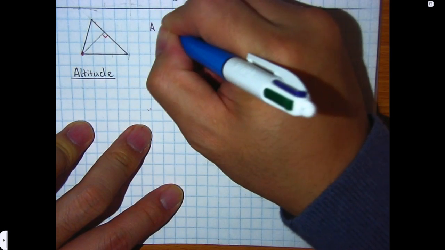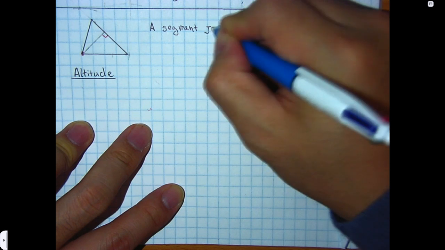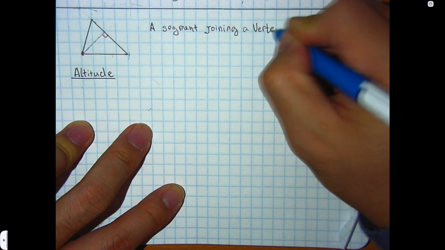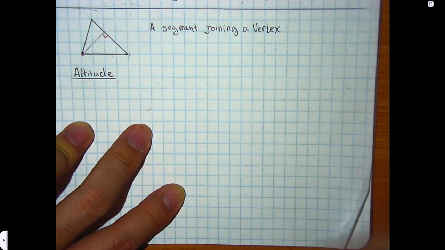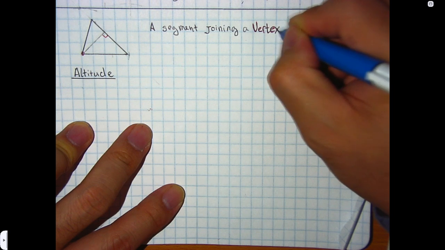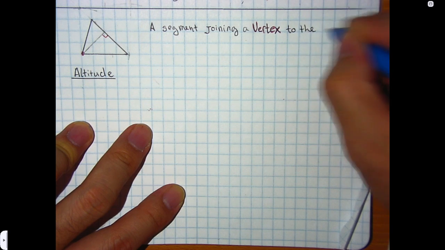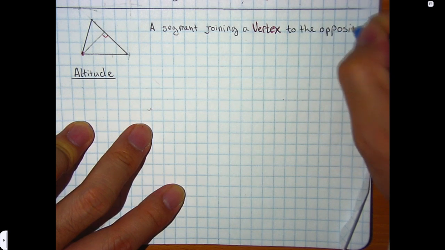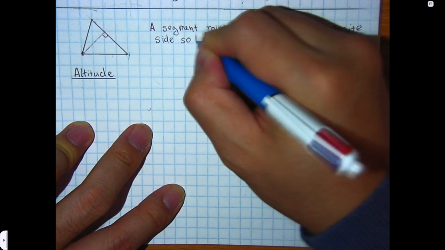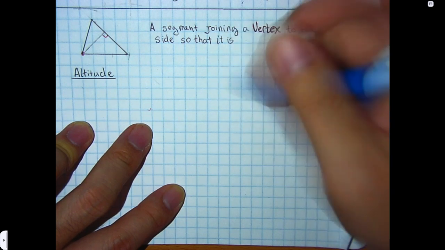All right, so a segment joining a vertex to the opposite side so that it is perpendicular.